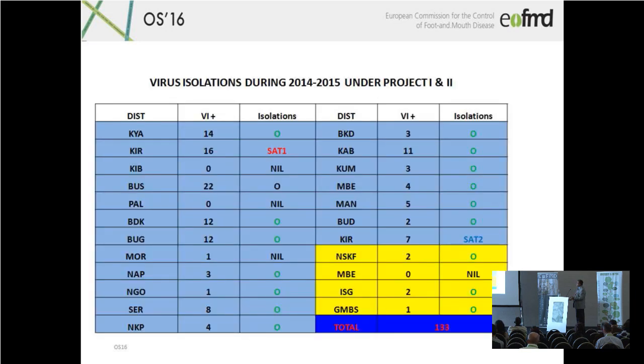This is the district-wise detail of virus isolations and sequencing. We isolated 133 viruses belonging to the 3 serotypes, SAT1, SAT2, and O, and O is the most prevalent serotype in Uganda.